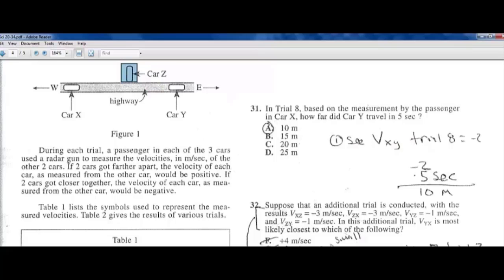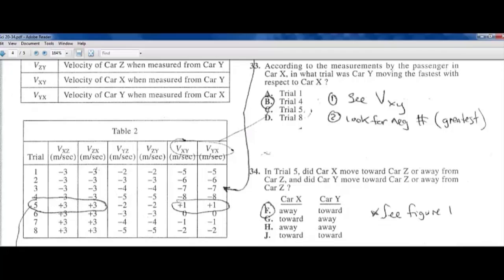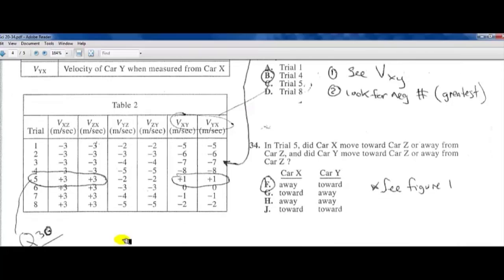So we're looking for a negative number or a positive number, and what we find here is YZ in trial 5. YZ is a negative number, and therefore that means the distance between car Z and car Y is decreasing, so it would be moving towards the car.